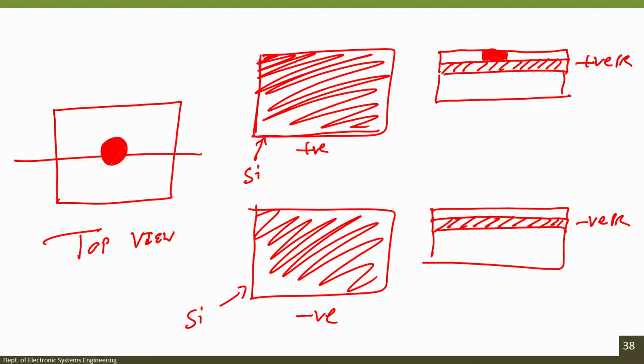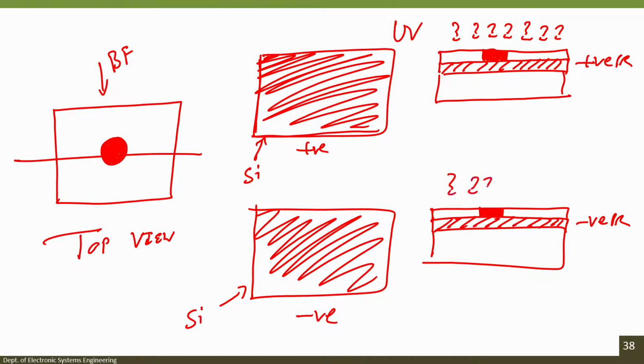What is this mask that we are using? We are using a bright field mask and we are using positive photoresist. In this case, we are using a bright field mask, but negative photoresist. Now, I will expose this wafer through the mask with UV light.